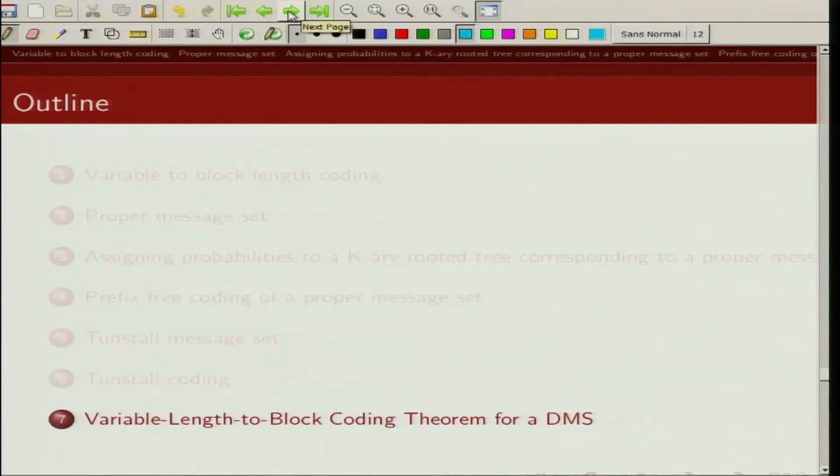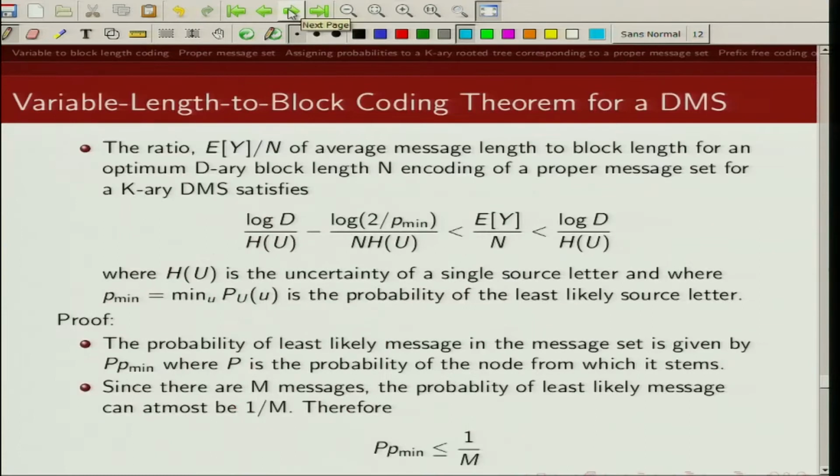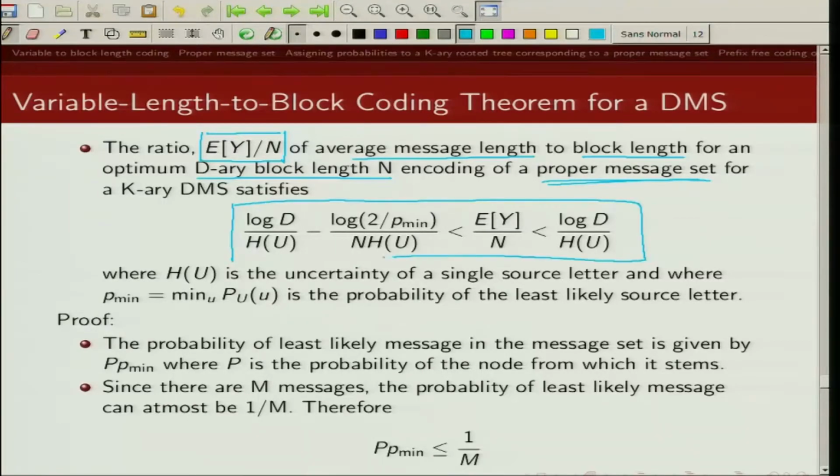Now let us explain the variable to block length coding theorem for a discrete memoryless source. So the ratio of expected input length, which is basically average message length, to the block output length n, of a block length n encoding of a proper message set satisfies this relation.